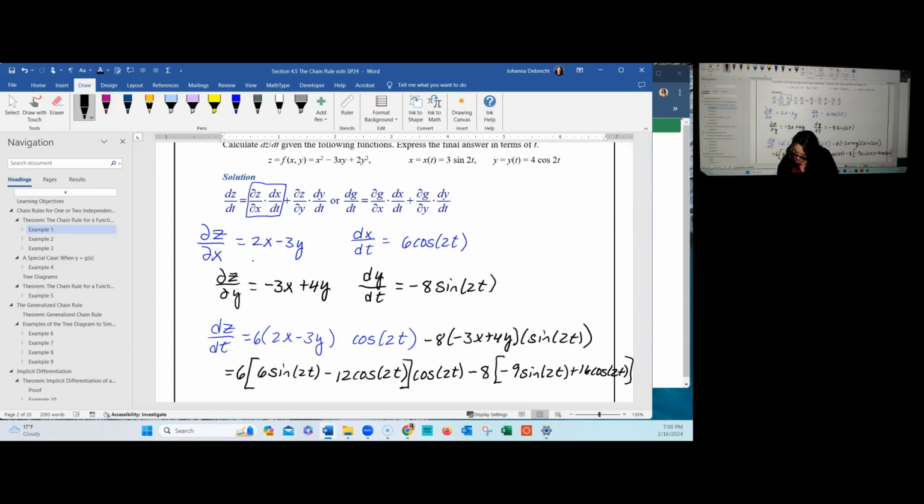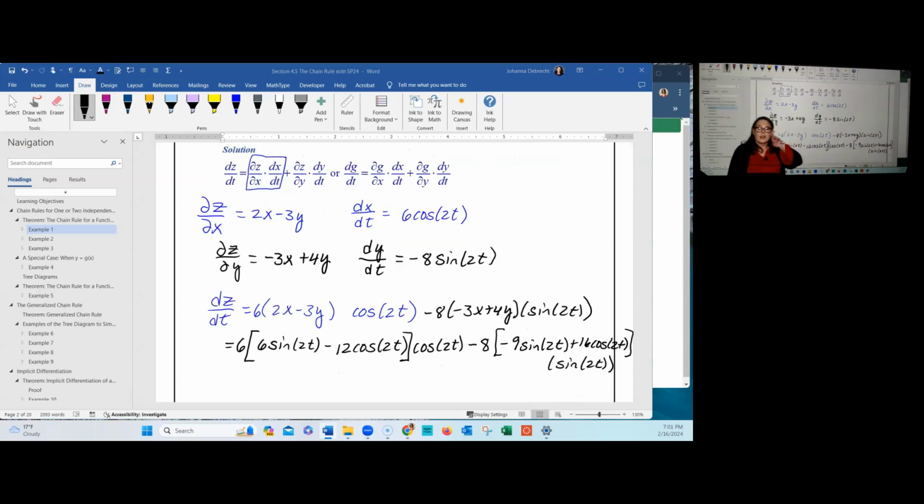And this would be multiplied by sine of 2t. In this way, you can see that it is, in fact, a function of a single variable t, which now justifies our use of the italicized letter d. If you want to play around with trig identities, you could probably write this in a different form. Whether or not it would be simpler is not clear.